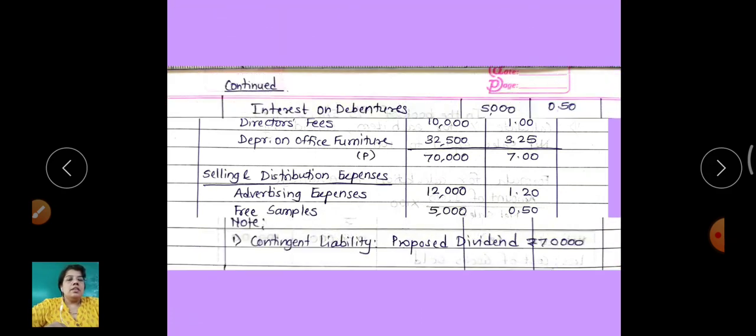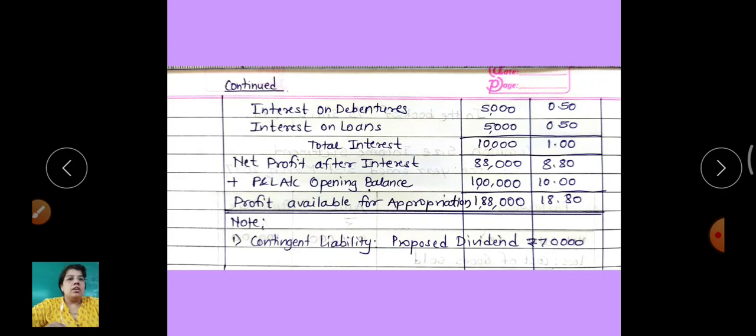Further we deducted the interest and we got the net profit after interest, and we added the profit and loss opening balance here, and we got the profit available for appropriation, and we calculated the percentage for all the items, taking the base of net sales as 100, and we have shown the contingent liability here.